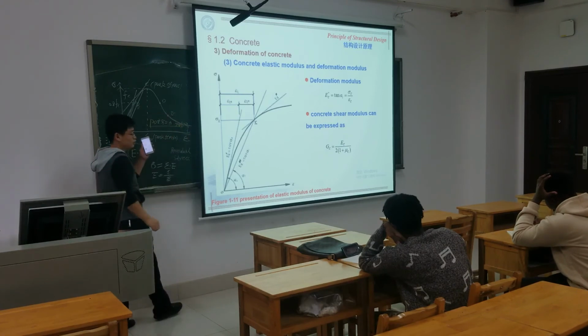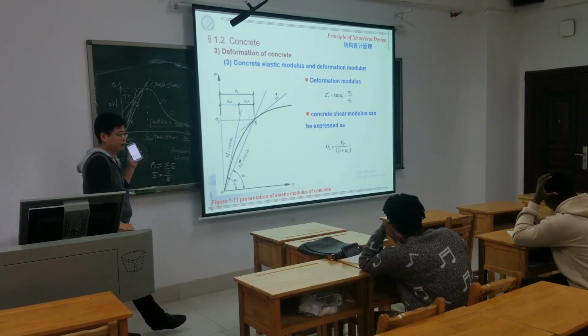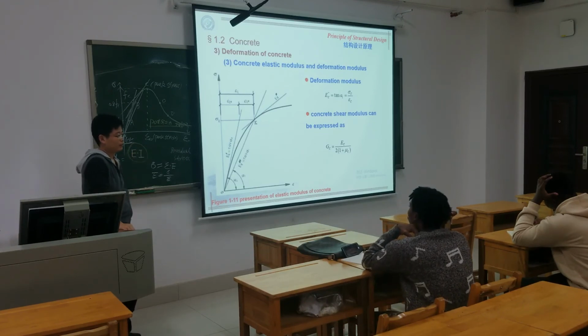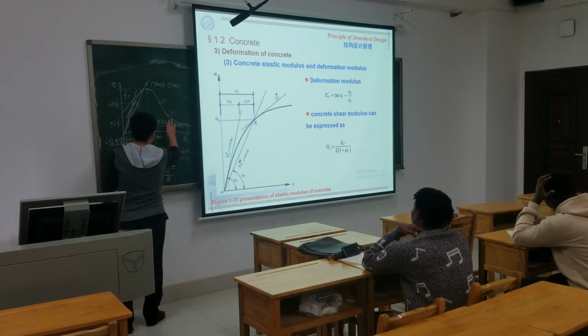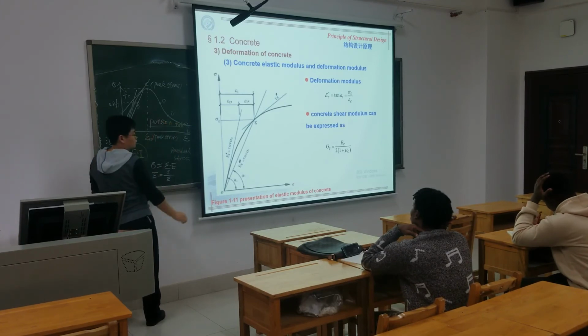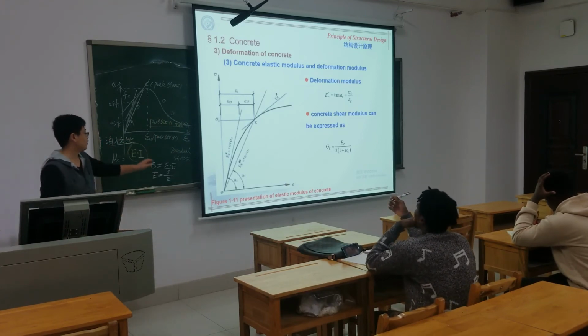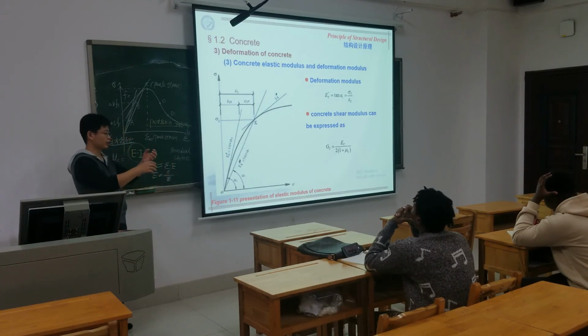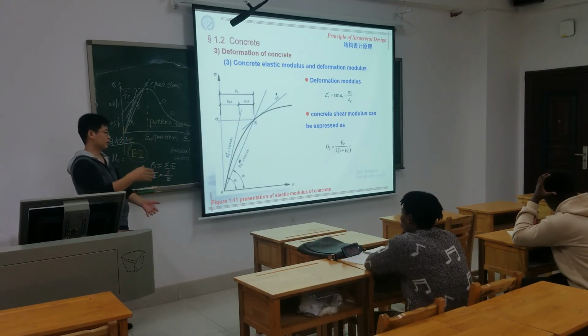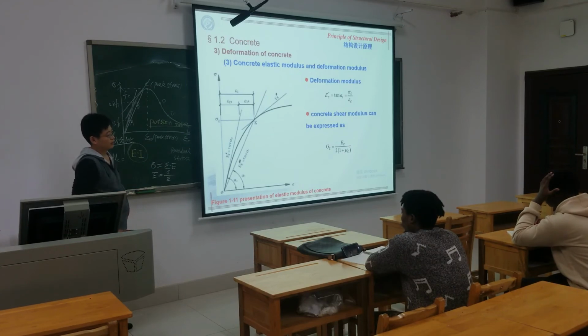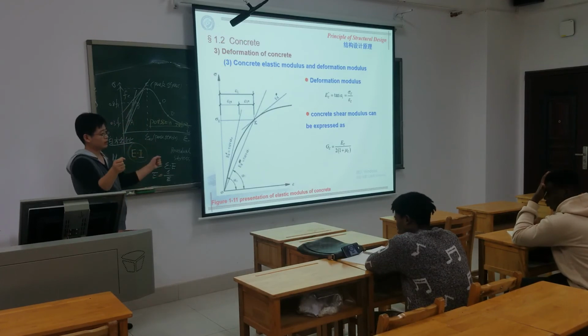Actually, I think this was usually already studied in material mechanics. Poisson ratio. This coefficient reflects the relationship between the deformation in the vertical and the lateral directions, two directions, this direction and this direction.